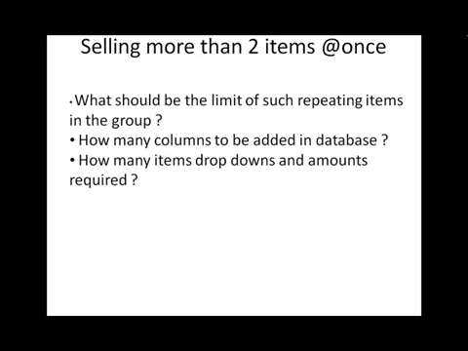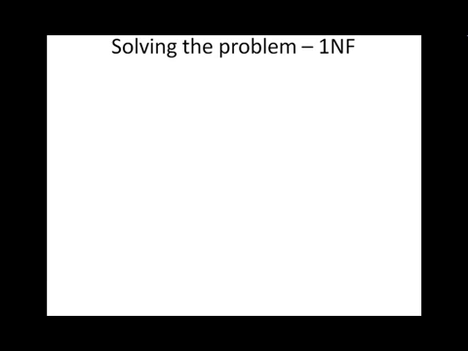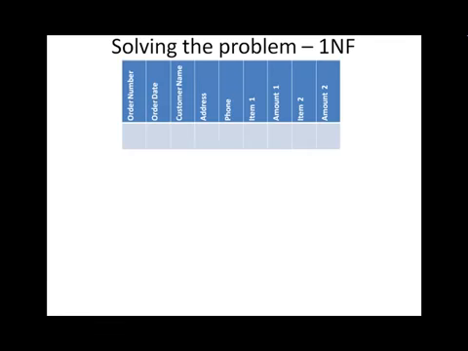So I understood that there was something very much wrong with the way in which I was designing the database, and hence I did an observation of what was happening. This was my table, which had order number, order date, customer name, address, phone, item 1, amount 1, item 2 and amount 2.